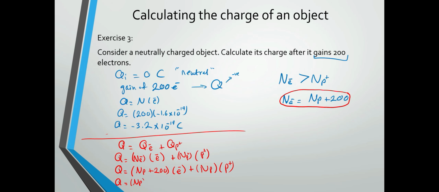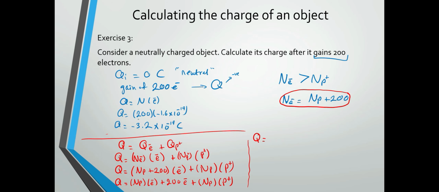So Q is equal to NP times E minus, let's distribute, plus 200 E minus plus NP P plus. So what I did is that I distributed the E minus into the brackets. Now let's take a look at what we have.